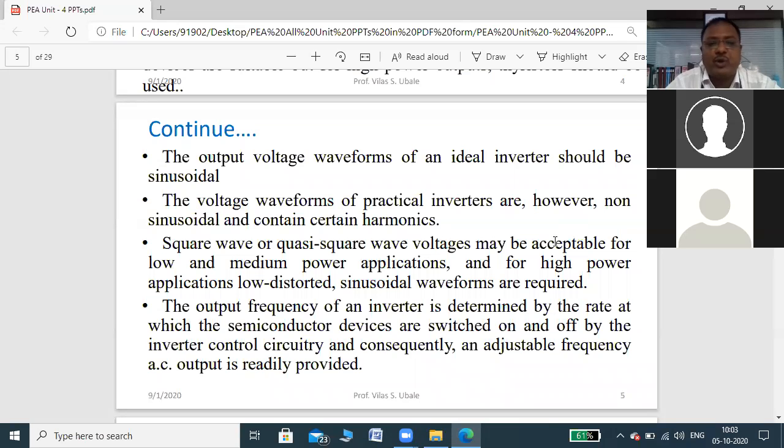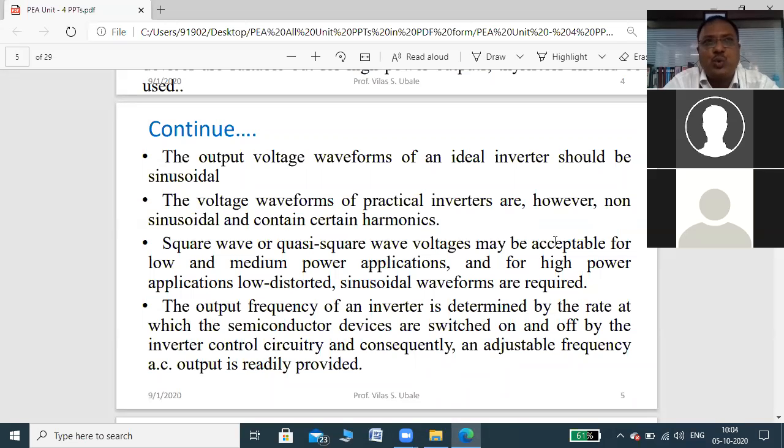The output frequency of an inverter is determined by the rate at which the semiconductor devices are switched on and off by the inverter control circuitry, and consequently an adjustable frequency output is readily provided. Now the output frequency is variable.